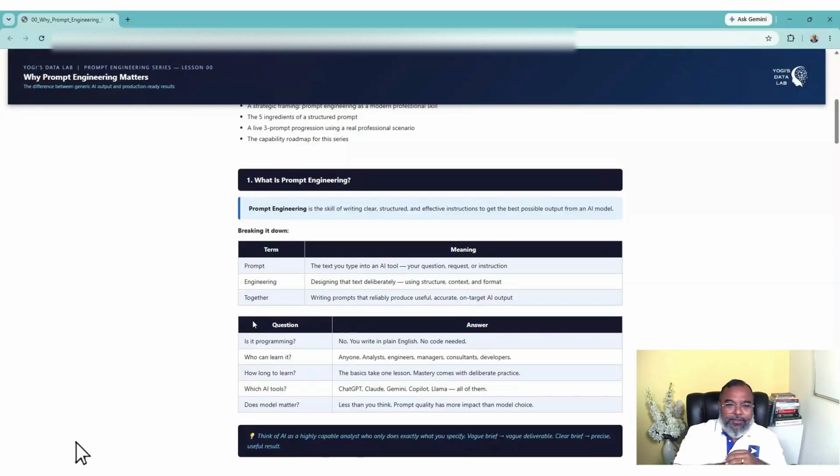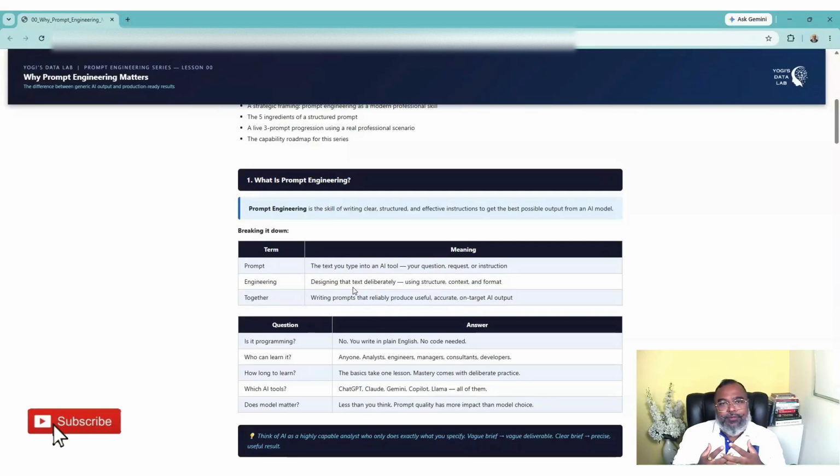So here, if you look at this, we have prompt, we have engineering, and that together combines to be prompt engineering. So prompt is the text that you type into an AI tool, right? Your question, your request, or instruction, whatever you want to know, is the prompt. What is engineering? That is designing the text deliberately, how you are going to structure it, what should be the context, what is the output format that you want.